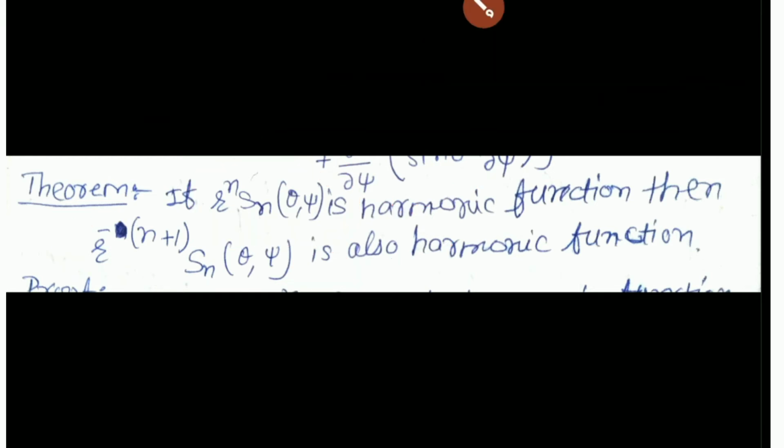Therefore, we differentiate this phi, which is equal to r to the power n Sn of theta, psi, with respect to r. So dou phi by dou r is n into r to the power n minus 1 into Sn.